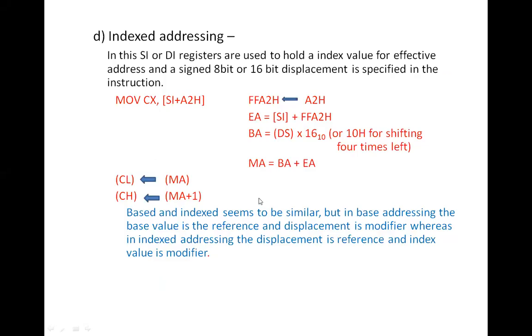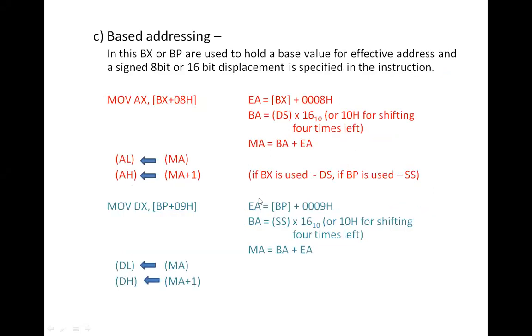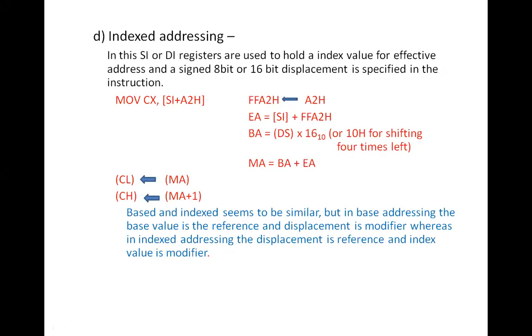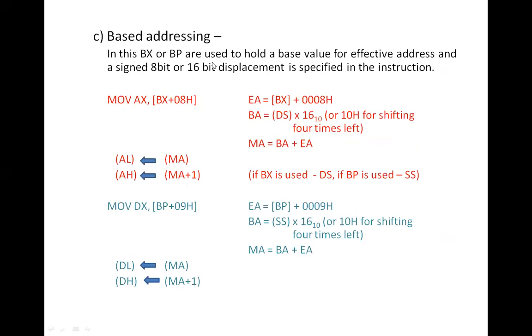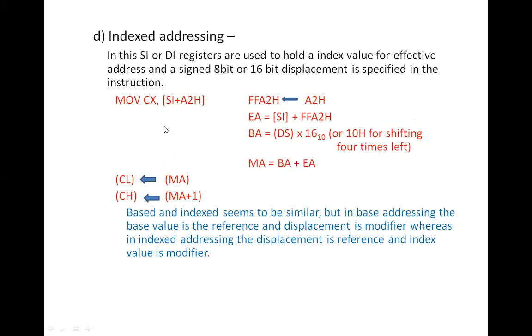Now there is one difference between based addressing and indexed addressing. In case of based addressing, if an 8-bit displacement is given, it is added with 00. But in indexed addressing, the 8-bit displacement which is given is added with FF.